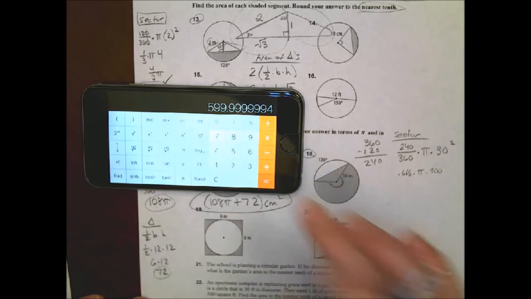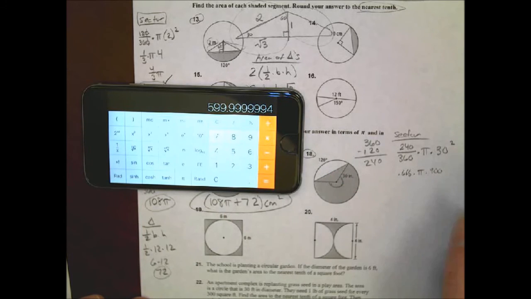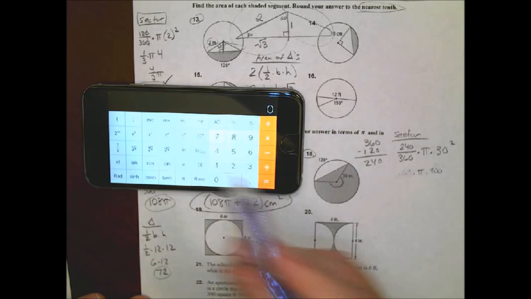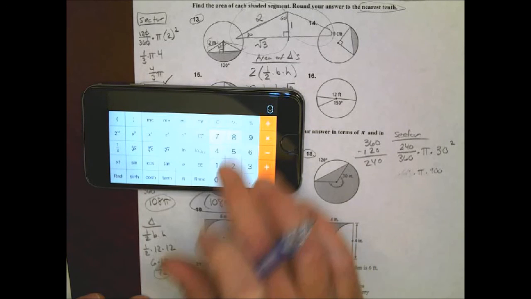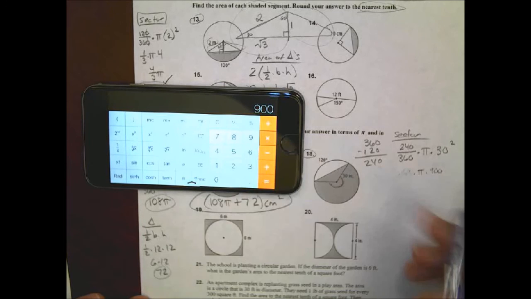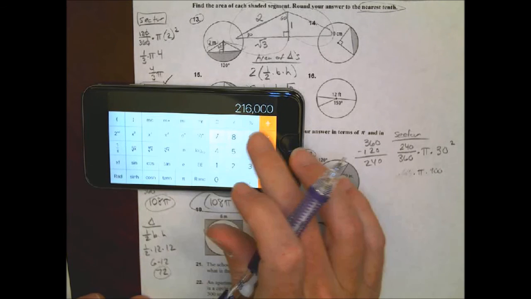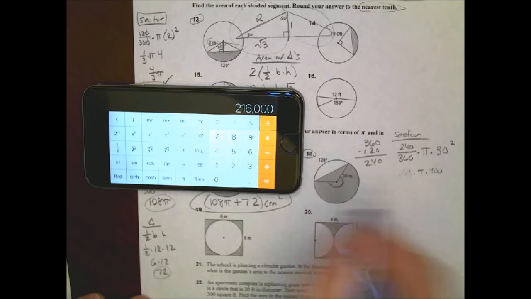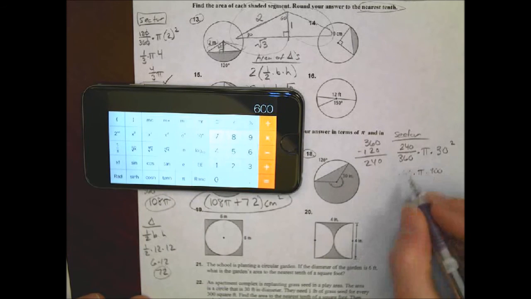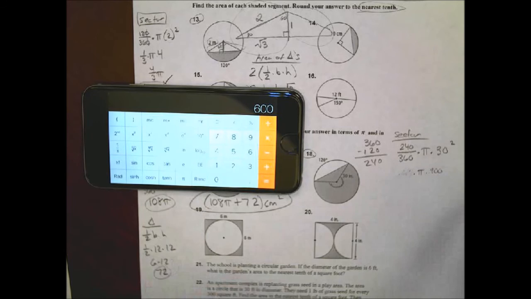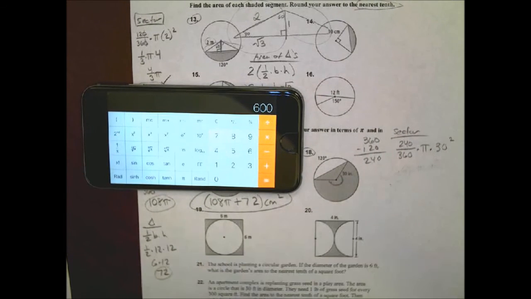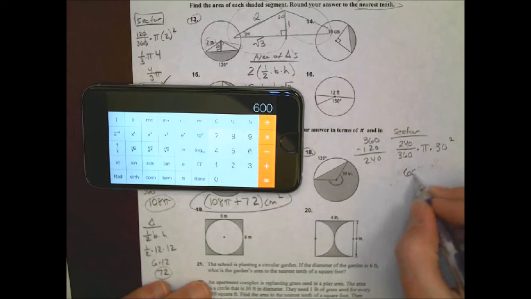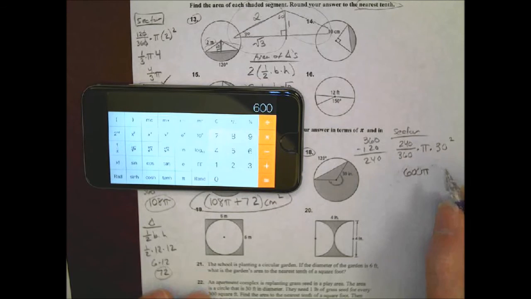If I do it a different way, because you can't get a whole number there, I can do 900 times 240 and then divide that by 360, and I end up with 600. So my sector ends up being 600 pi for this portion right there.